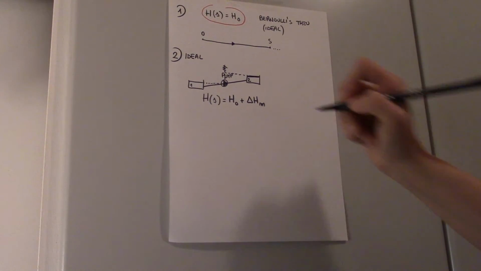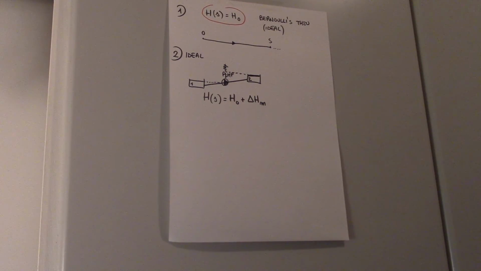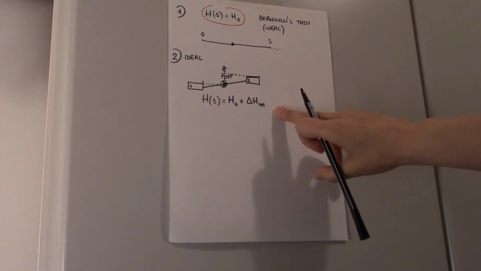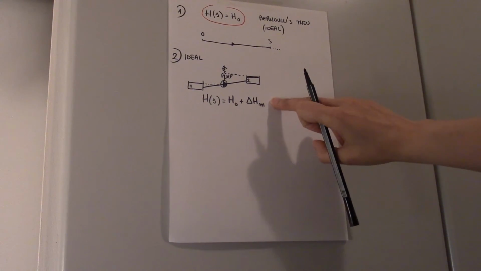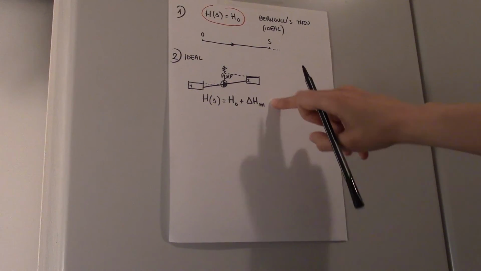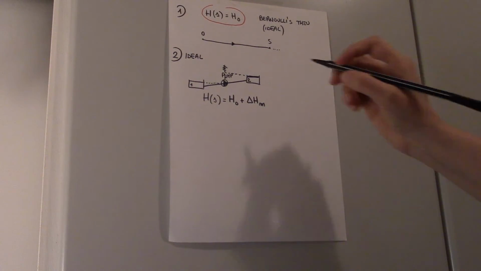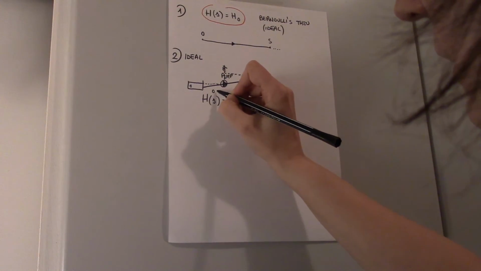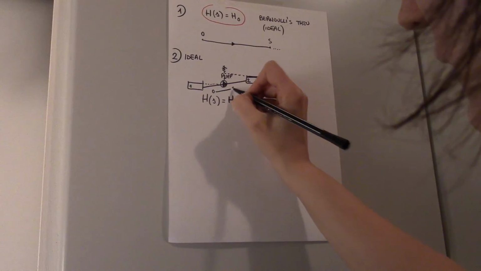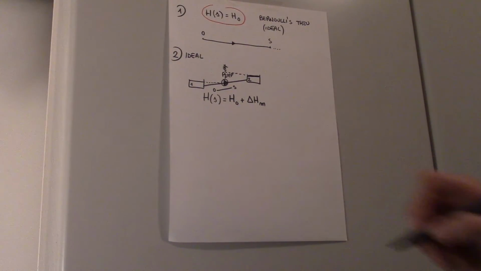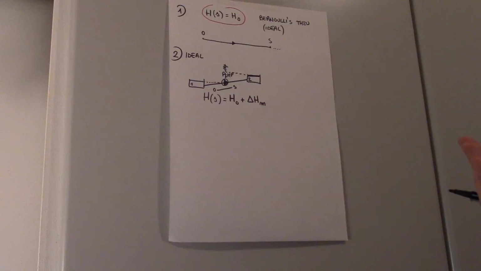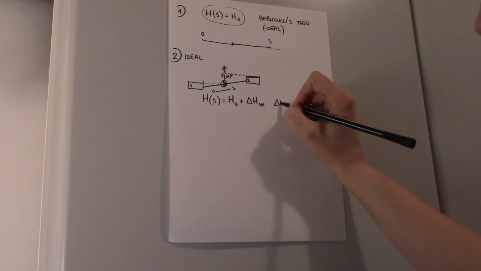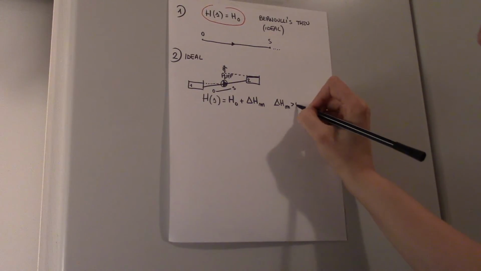So delta HM is exactly the amount of energy given by the pump in this case. So in this case HS, if I, for example, see 0 right here and S right there, HS will have a higher energy with respect to H0. So delta HM is greater than 0.